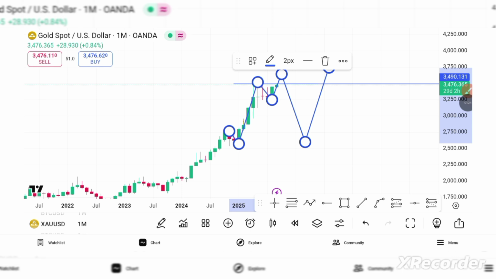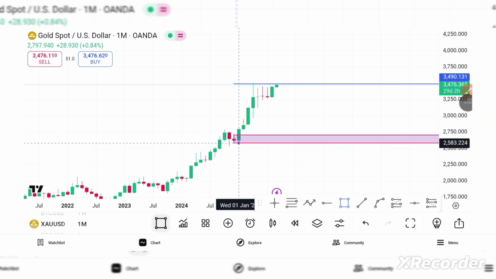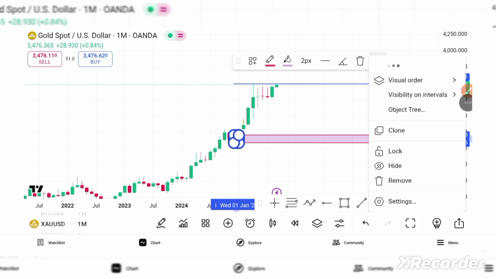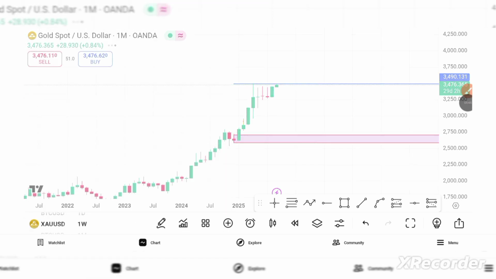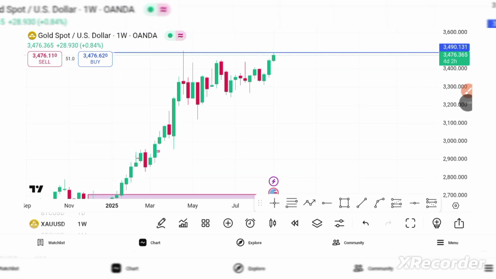And why I'm saying this is that this is the order block, this is our order block, that is our order block in the monthly time frame. So if we zoom into the weekly time frame, you will see exactly what I'm saying.